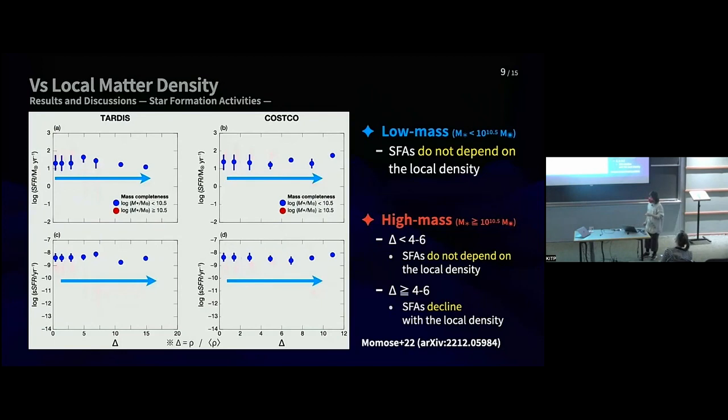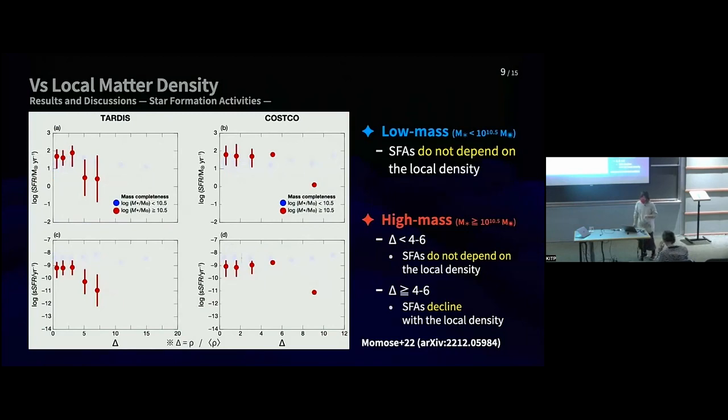The second common trend that we found was in the high mass galaxies. Their star formation activity is the same within the error bar below delta equal 4 or 6. However, beyond this threshold, they show a sudden drop in star formation activity by a factor of more than 30.